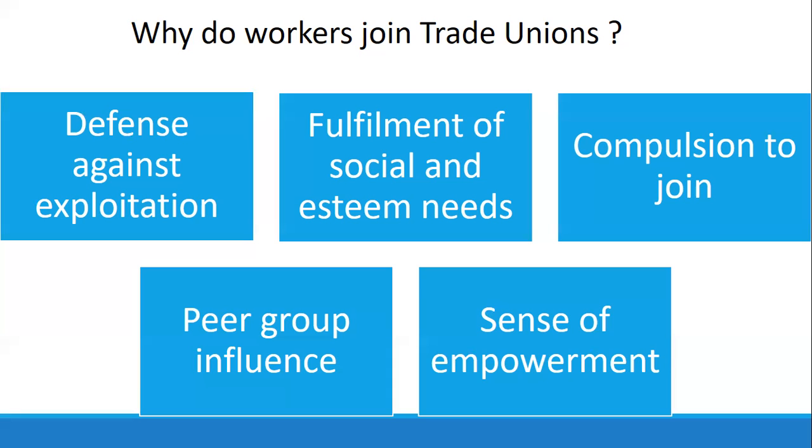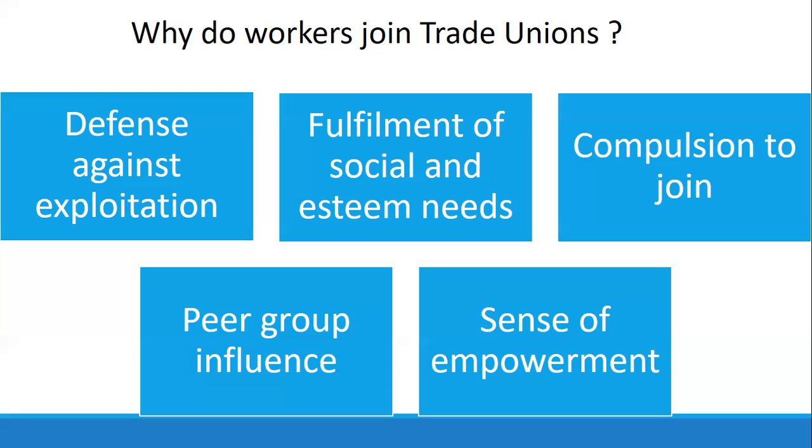So unionized members will try to pressurize their non-unionized friend to join the union. When that pressure is mounting, the individual may feel that there is no other option, because of this peer group influence, he will join the trade union.